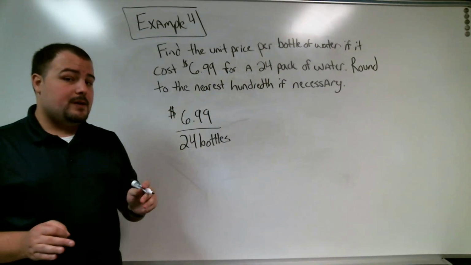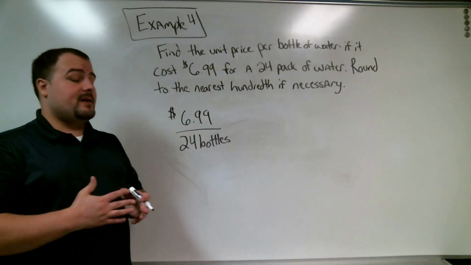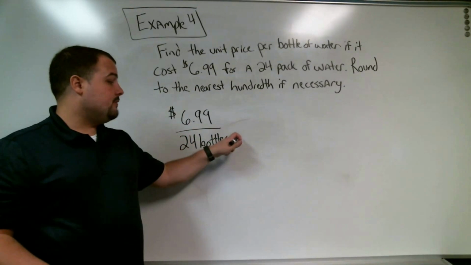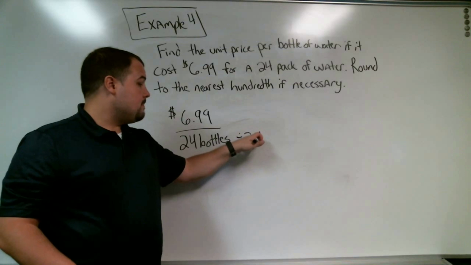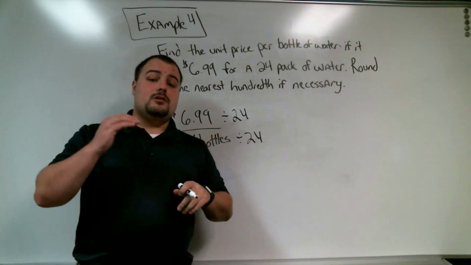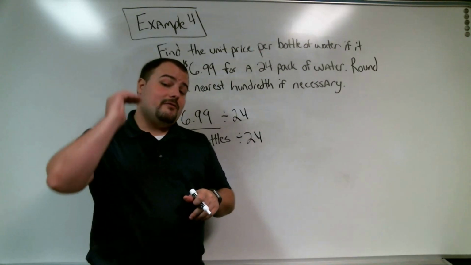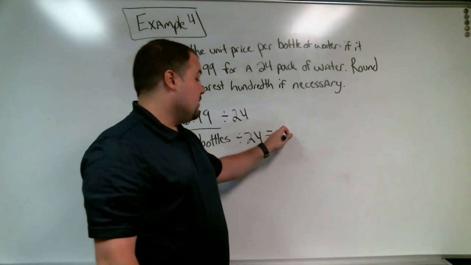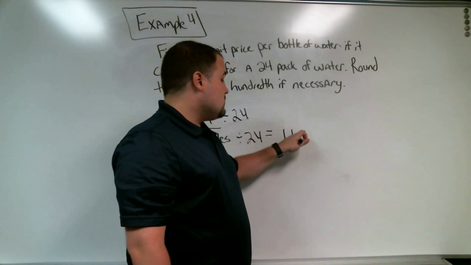That's automatically telling me that bottle is what should be on the bottom of my ratio. So I'm going to do what I did in the past. I'm going to divide by 24 and divide by 24. Remember, if you have to do it to the bottom, you have to also do it to the top. 24 divided by 24 is 1 bottle.